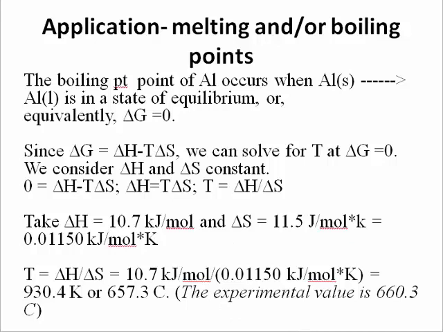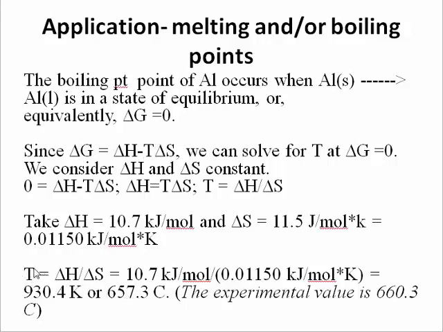Note that if T is below 930.4 K and you plug into delta G is delta H minus T delta S, you'd get a positive number. Delta G is positive. Melting is not spontaneous below the melting point.